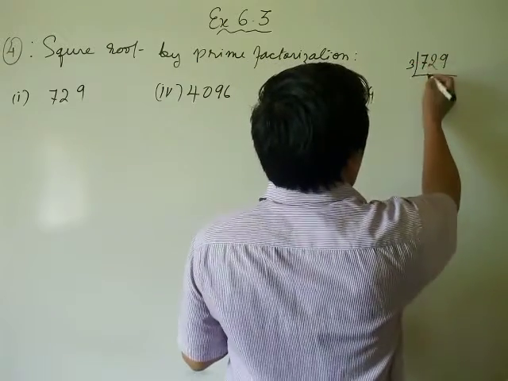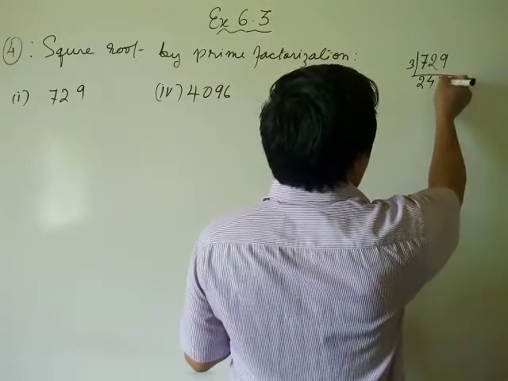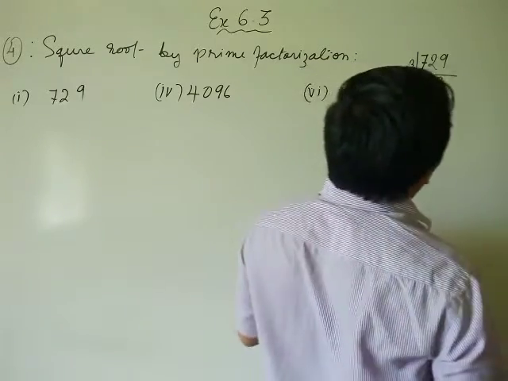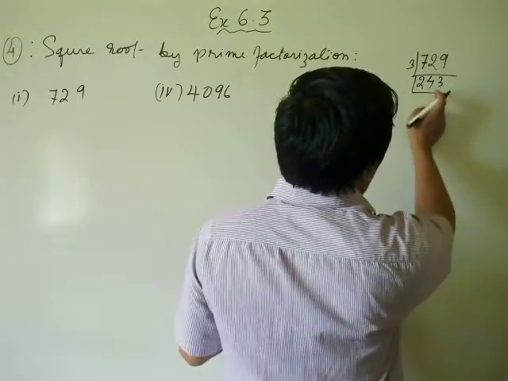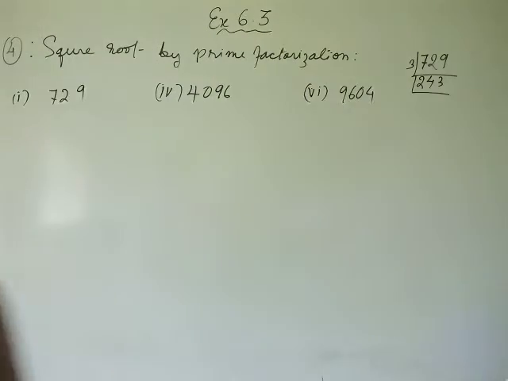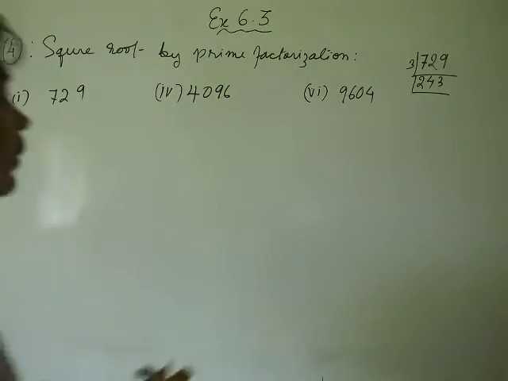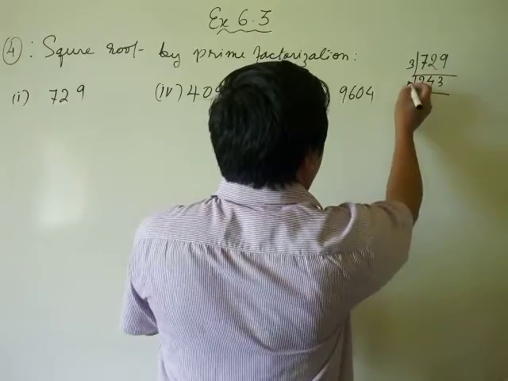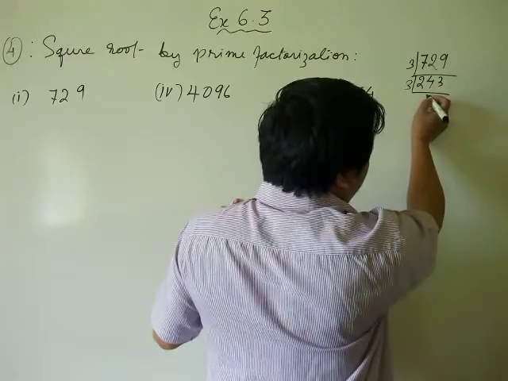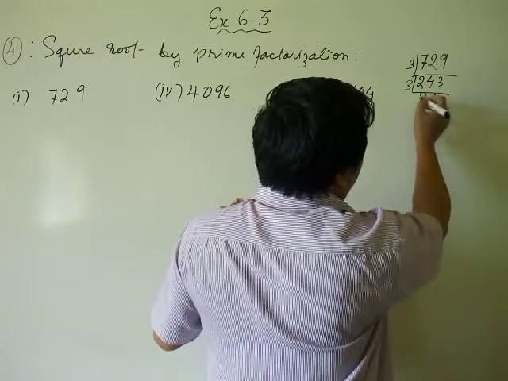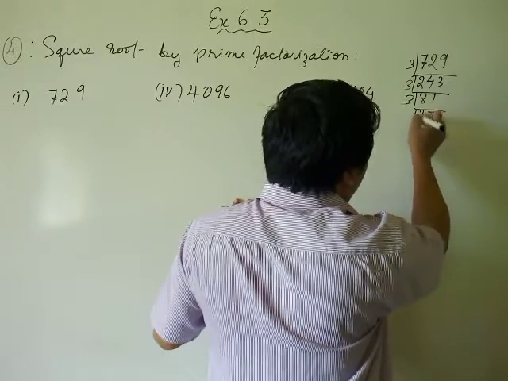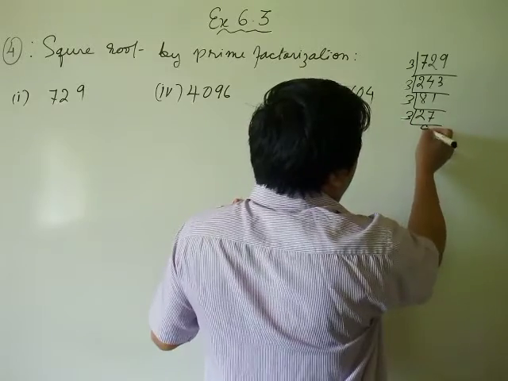So 3 2s are 6, 3 4s are 12, 3 3s are 9 again. 3 can go into 729, 243, then 81, 27, 9, and 3.